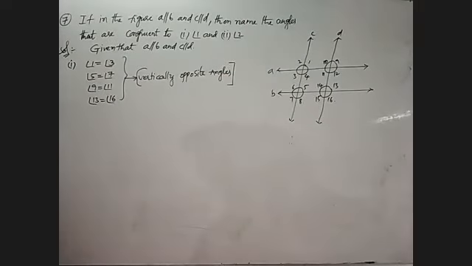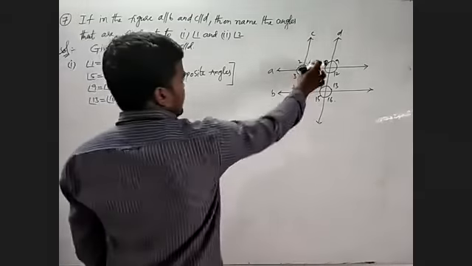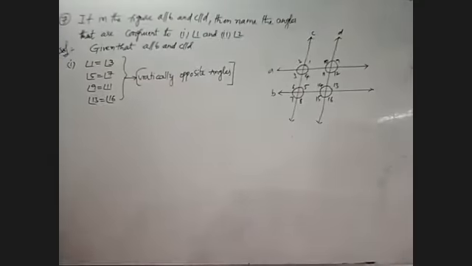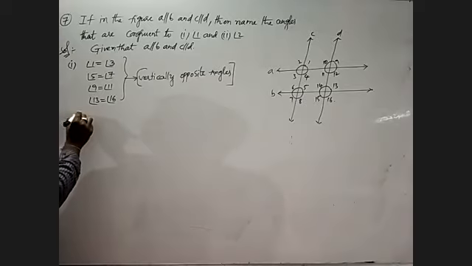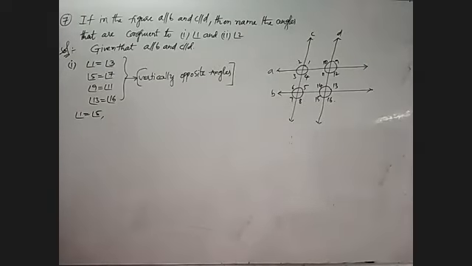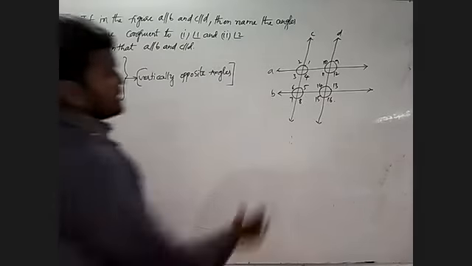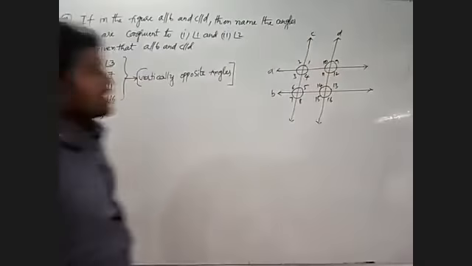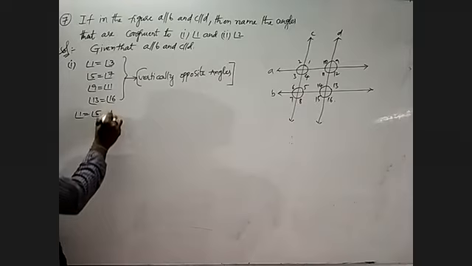After that, I will write the corresponding angles. What is that? The corresponding angles. Angle 1 is equal to angle 5. These are corresponding angles. After that, angle 5 is equal to angle 13, and also angle 1 is equal to angle 9.